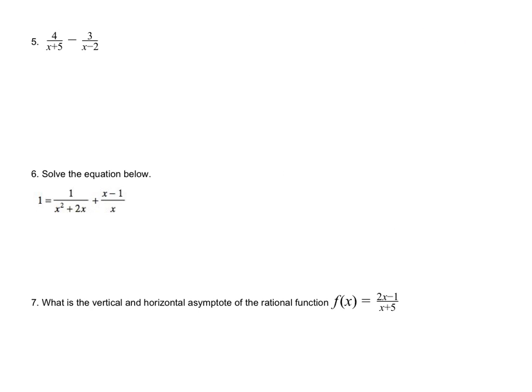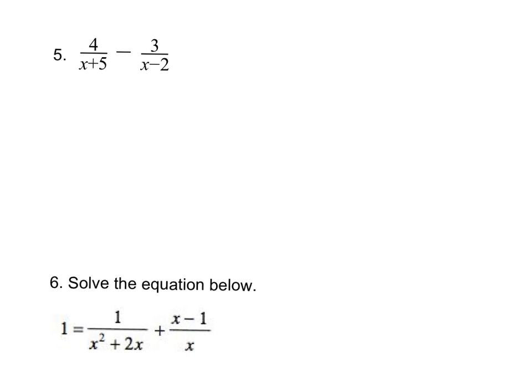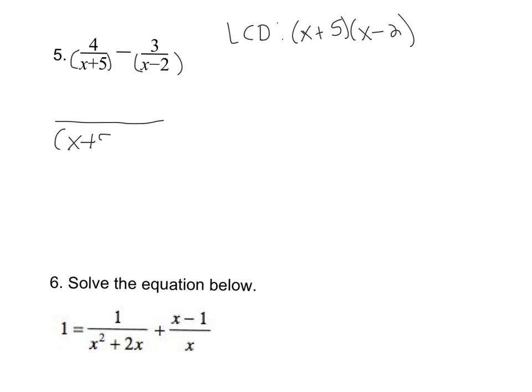Okay, number 5 is a very similar problem. The LCD is probably even simpler here because these really have nothing in common. So our LCD is simply going to be both of these binomial factors, which would be x plus 5 and x minus 2. So again, just like the previous one, I want to write both of these with the bottom of x plus 5 and x minus 2.